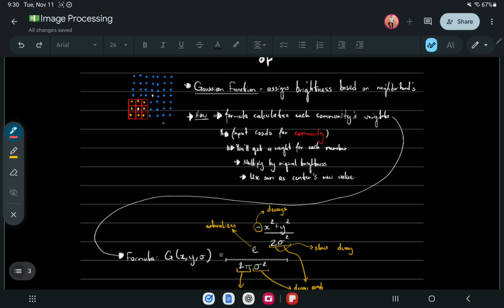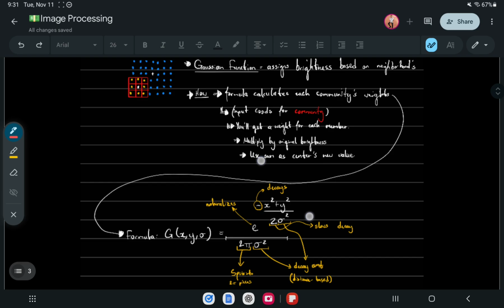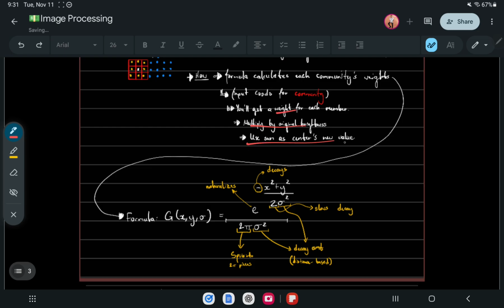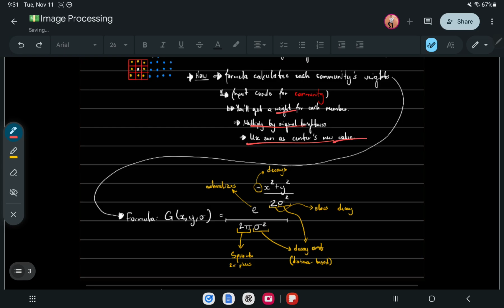Then you sum up all the brightnesses, and this is what you use for your brightness in the middle. So you multiply the weights by the original brightness, and use the sum as your new pixel value in the center.